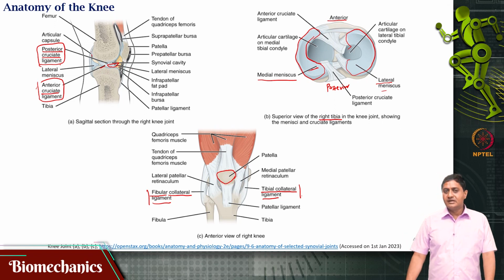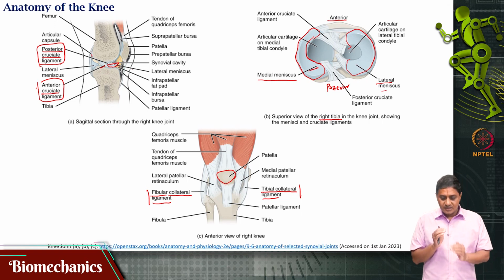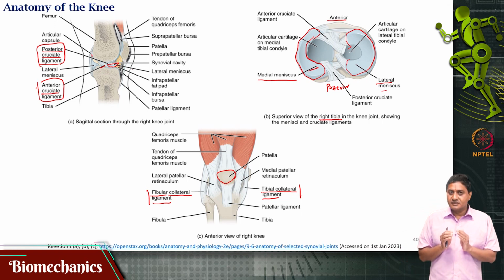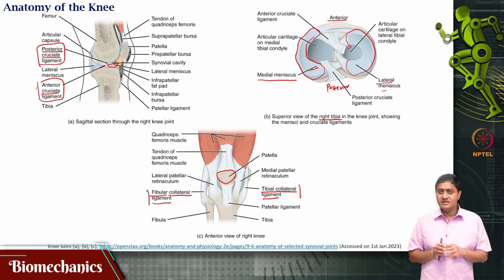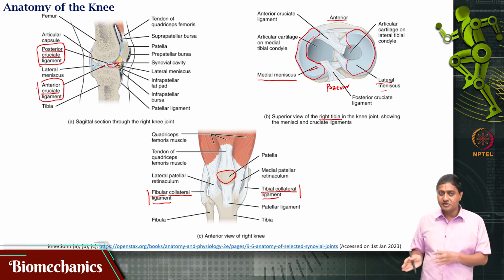So, to review the knee joint, we have 3 articulations, all of them in a single capsule. One is the medial tibiofemoral joint, another is the lateral tibiofemoral joint, and the other is the patellofemoral joint. These are the 3 articulations present within one capsule, which is the knee joint. And there are special ligaments present to prevent unwanted movements.